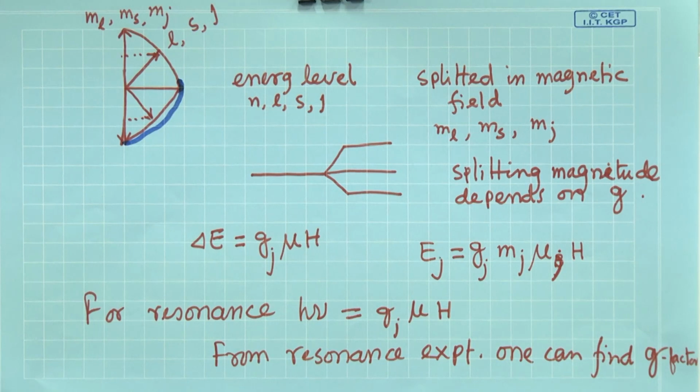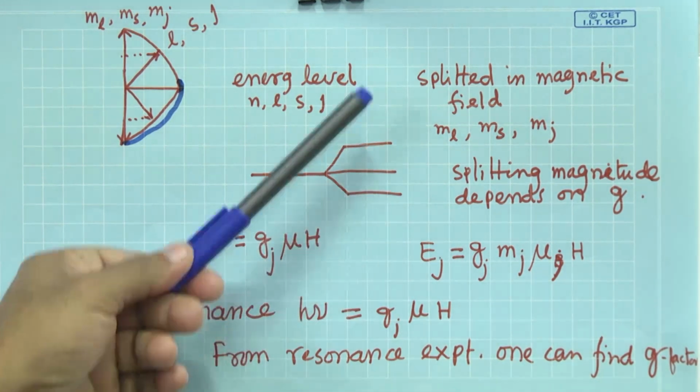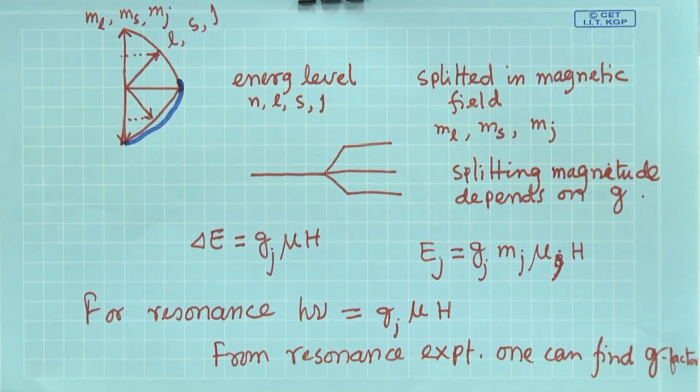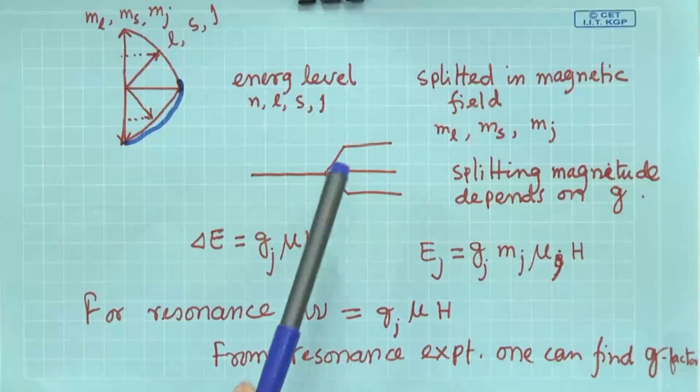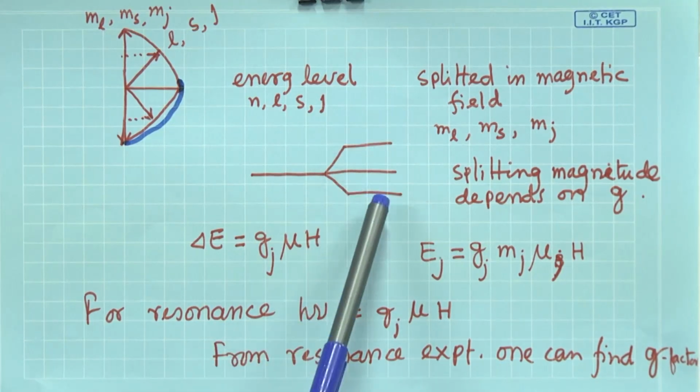So, that means whatever energy you are giving is absorbed, and the particle has sufficient energy to go to the upper energy level. This will happen when h nu, the energy of the external radiation, is equal to the splitting of that energy level separation.